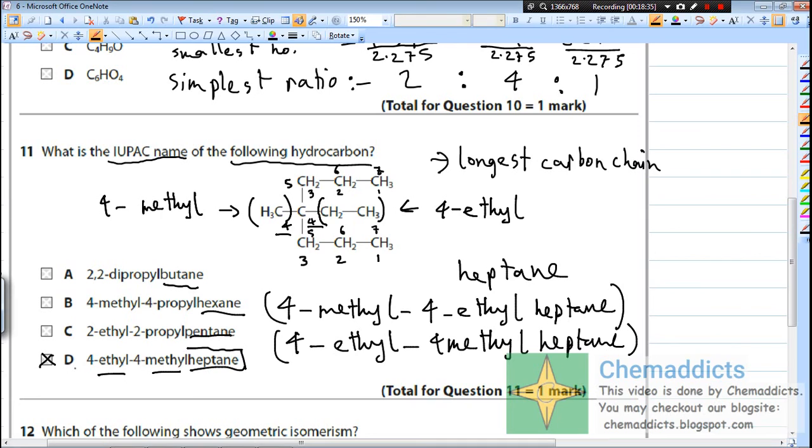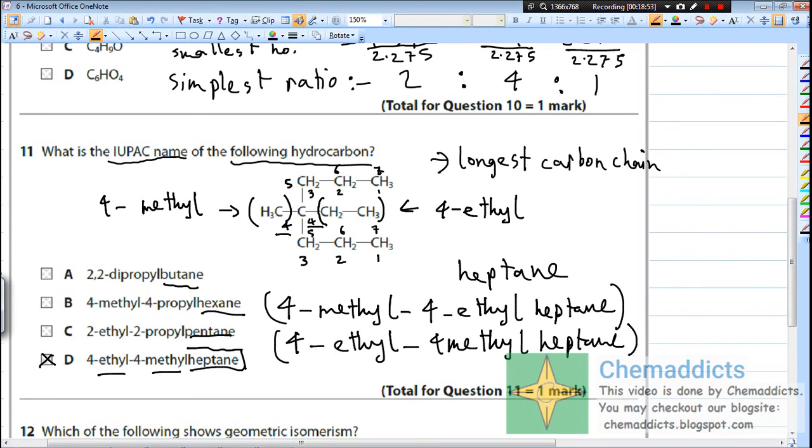There are some questions where heptane is given in two or three options.